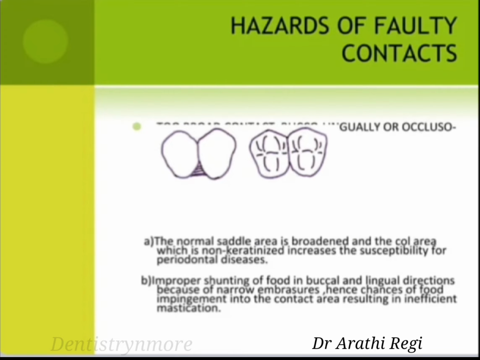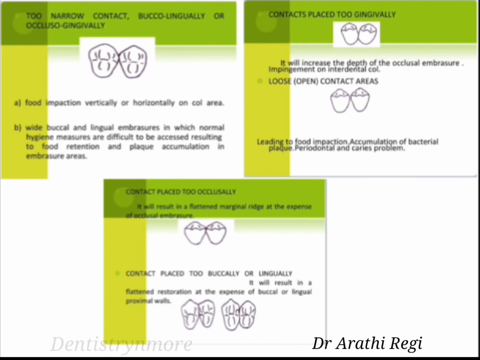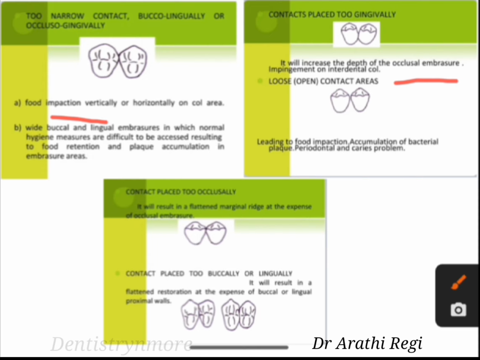Next one is hazards of faulty contacts. If the contact is too narrow, buccolingually or occlusogingivally, food lodgement may occur vertically or horizontally. If the contact is placed too gingivally, it increases the depth of the occlusal embrasure and causes impingement on the interdental papilla, and there is an open contact area, which leads to food impaction, periodontal and caries problems.